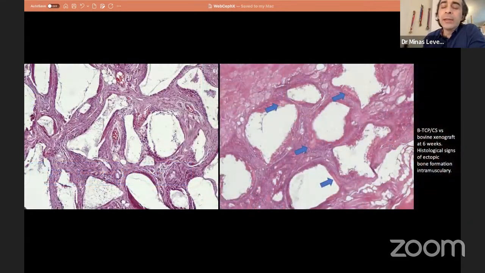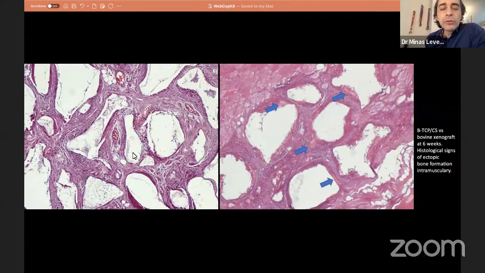What happens is that if the material, like in this case, is creating osteoid, so we can see here some areas of newly formed osteoid tissue, it means that the material in the muscle was inductive, so it gave the signal to stem cells from the blood to create bone.